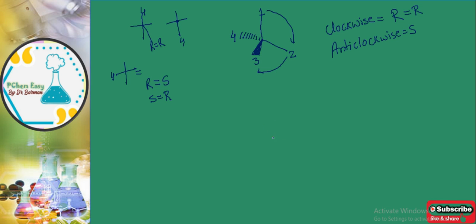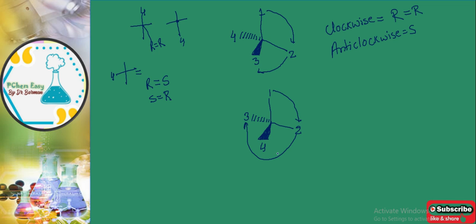Now suppose the fourth group is not in the dash, but in wedge, as we were seeing in the vertical or horizontal case. In that case, we have to move 1 to 2, 2 to 3.